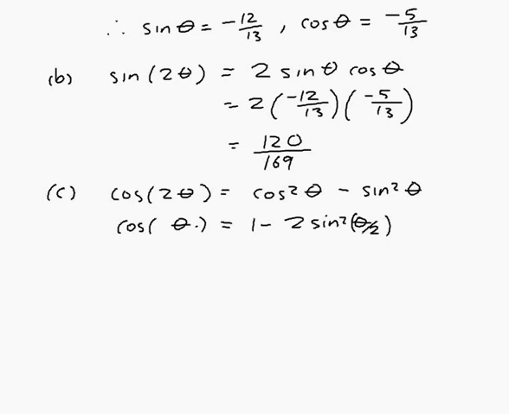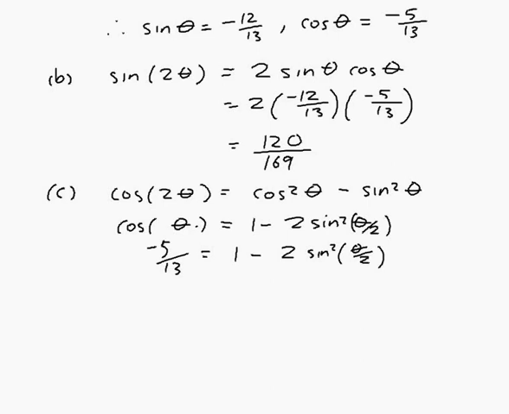Excellent. So I can sub in the value of cos theta. It was minus 5 on 13. Oops, sorry, not 15 on 13. Minus 5 on 13 is equal to 1 minus 2 sine squared theta on 2.